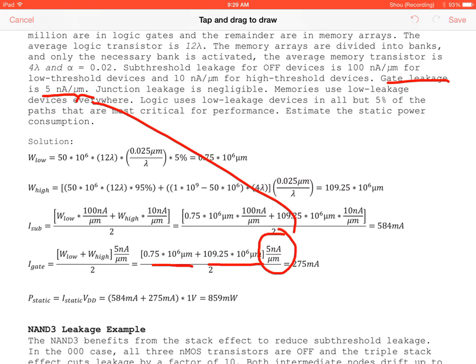We're multiplying it by the current per micrometer. So now we have the width in micrometers times the current per width. And then we solve that out to 275 milliamperes.